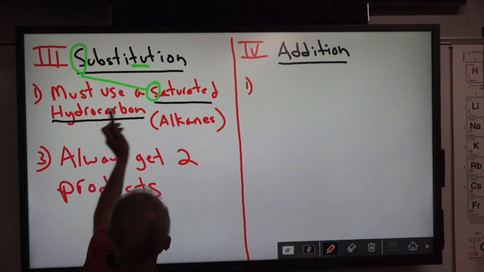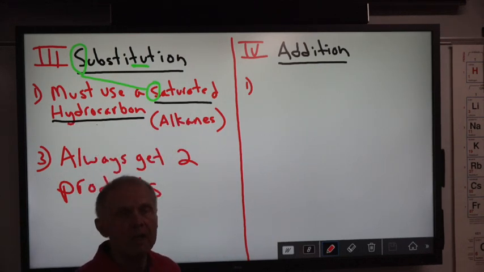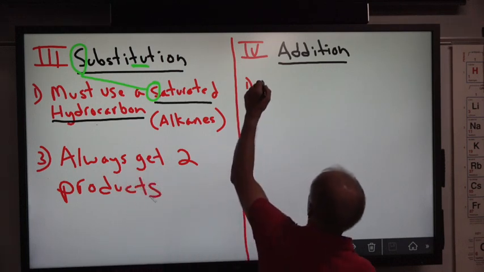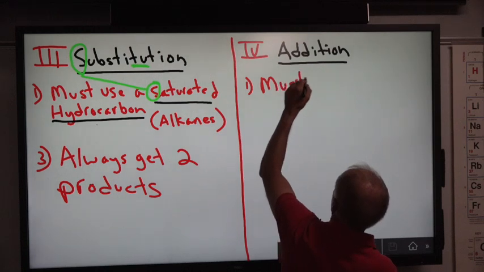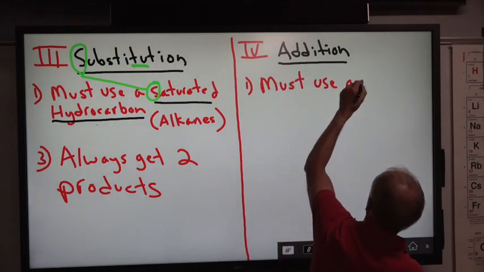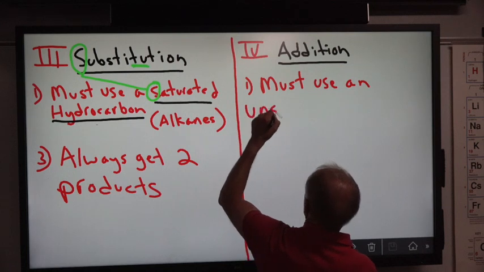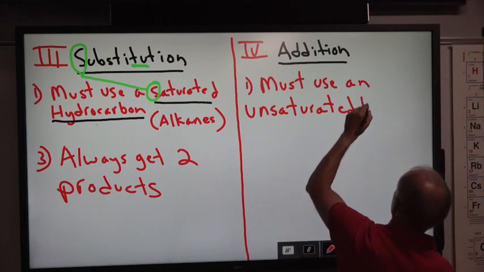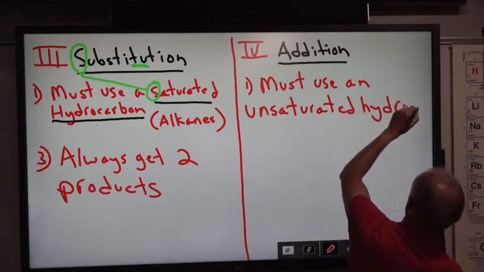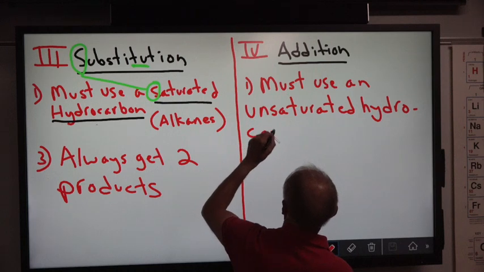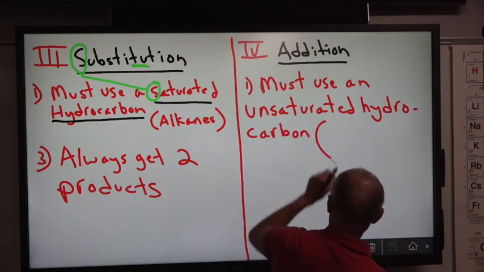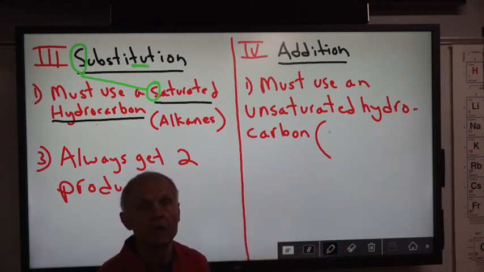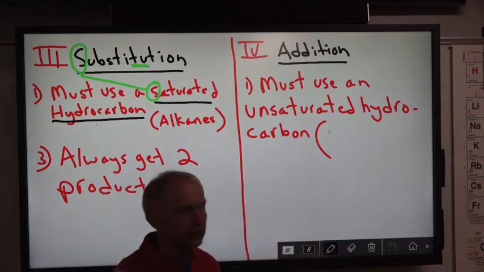So instead of must use a saturated hydrocarbon, for addition, you must use an unsaturated hydrocarbon. So unsaturated hydrocarbons are alkenes and alkynes.